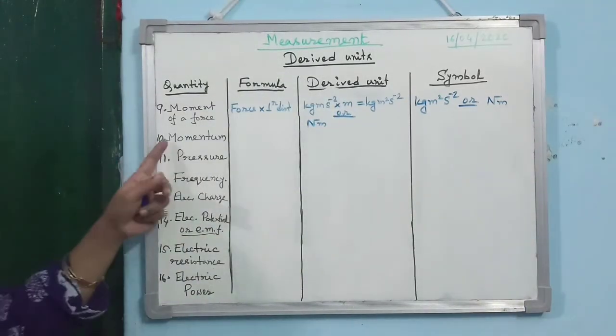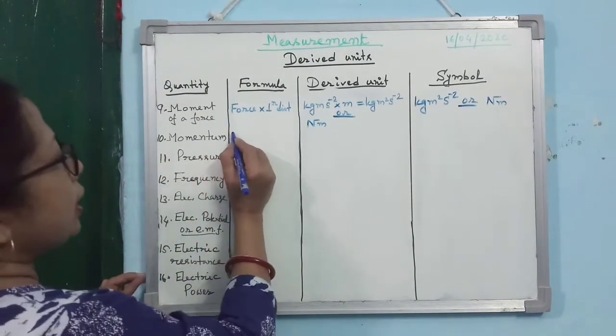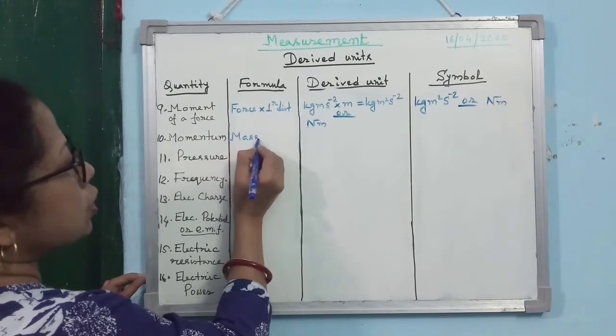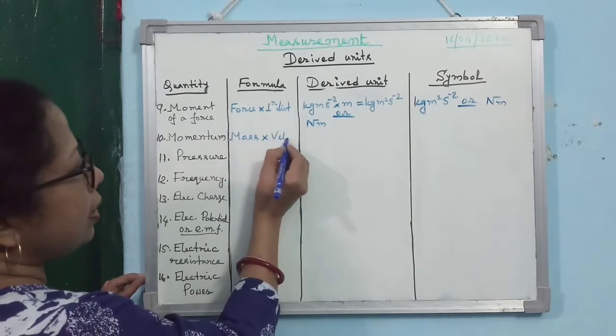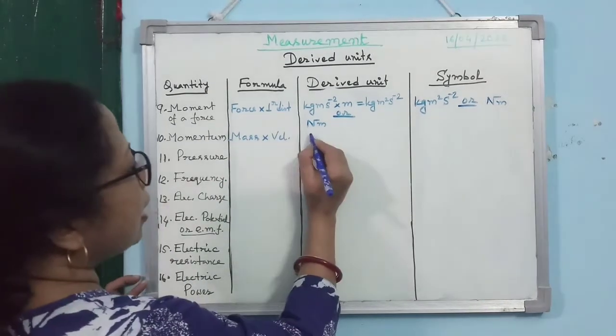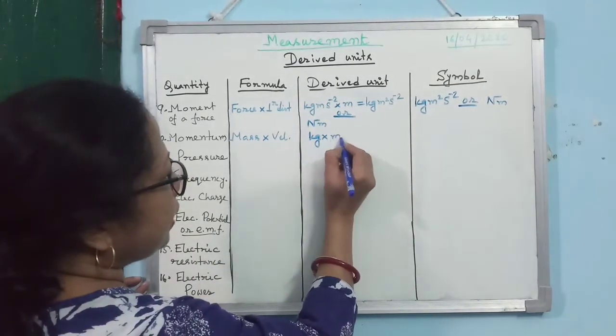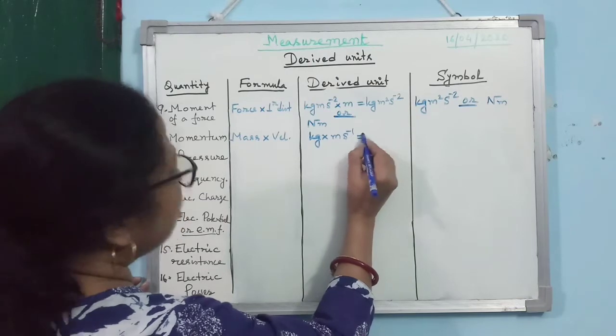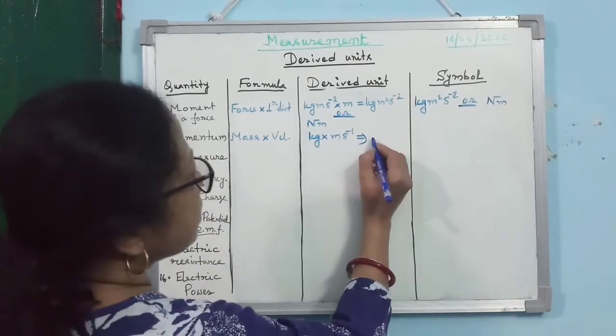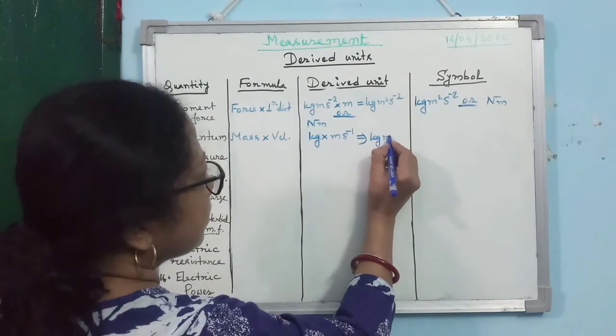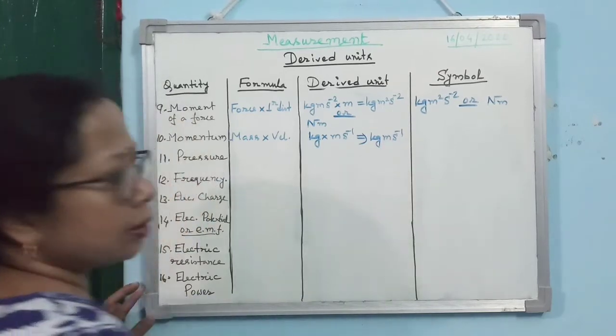Then next one is momentum. Momentum we define it as product of mass and velocity. So what is the SI unit of mass? Kg. Velocity is meter per second. So what is the momentum SI unit? Kg meter per second. Alright.